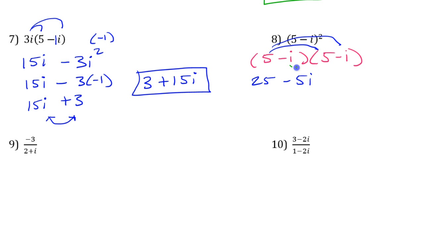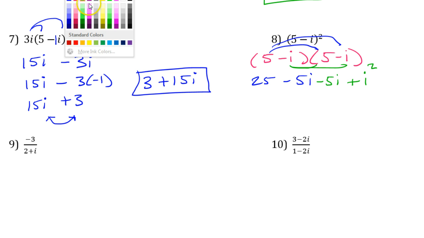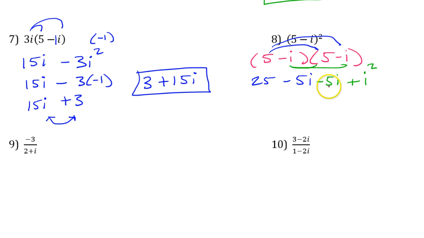If I distribute the -i, -i times 5 is -5i. -i times -i is positive i squared. If I combine these like terms, now I have 25 minus 10i.